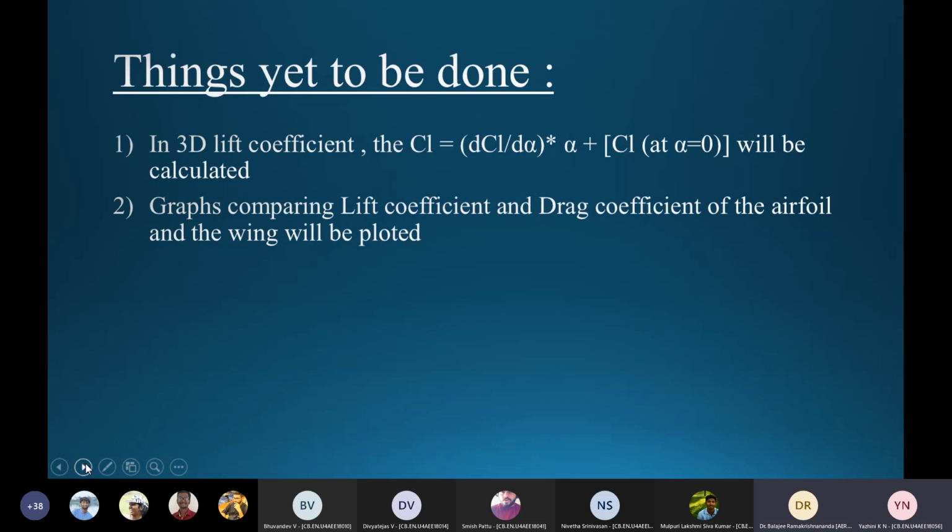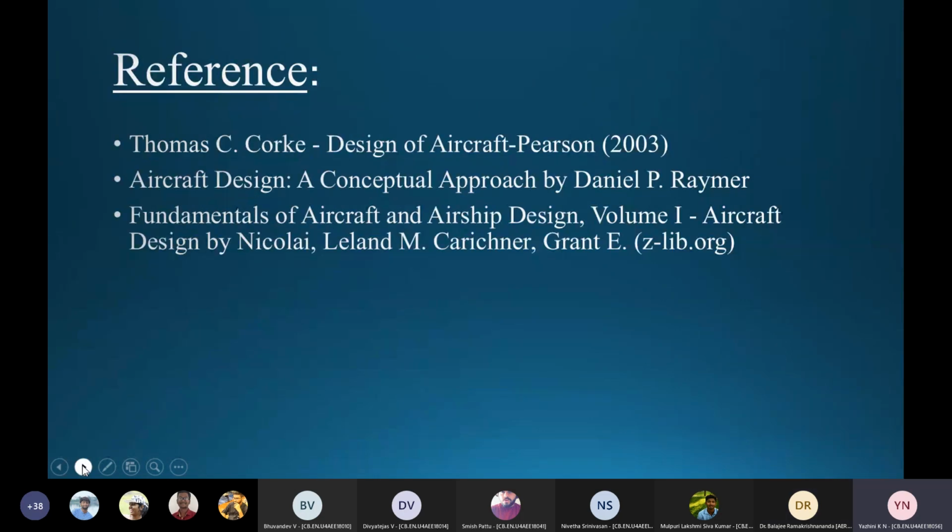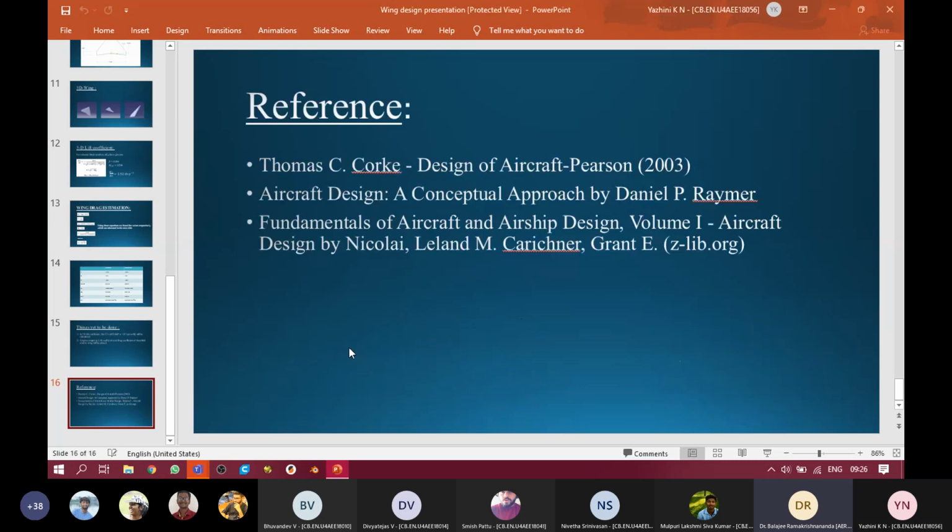If you know that alpha at CL is equal to 0, you put CL at alpha is equal to 0, which is not really necessary. You have to put alpha at CL is equal to 0, the zero lift angle of attack. That will be the same as 2D. That is the only thing which will be the same as 2D. Okay, sir. So you plot these. This plotting you have to do.